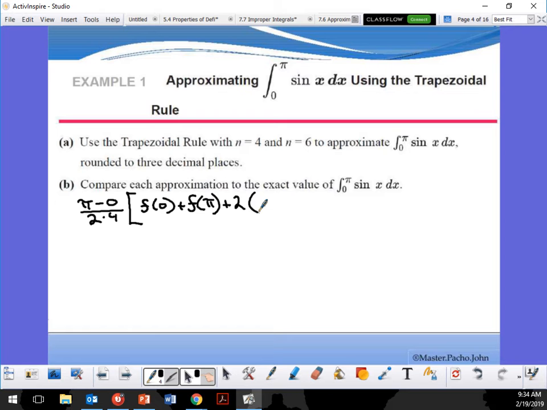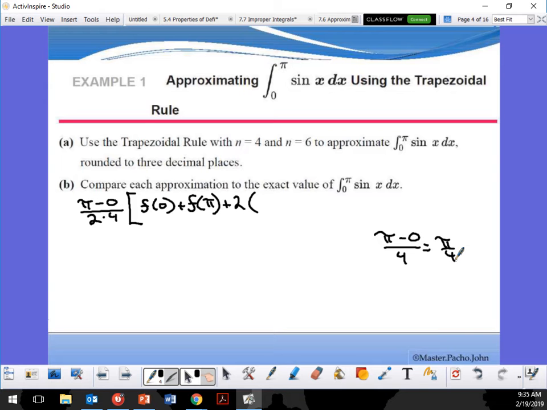Now, for this next piece, I have to figure out my parts, right? So I still have to do my b minus a divided by n. So it's going to be pi minus 0 over 4, which is pi over 4, right? So that's my increments. That's my thickness. That's my delta x, and each one of these is going to be pi over 4.